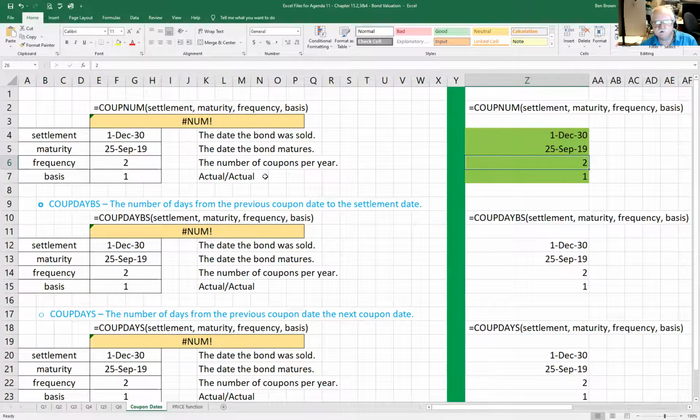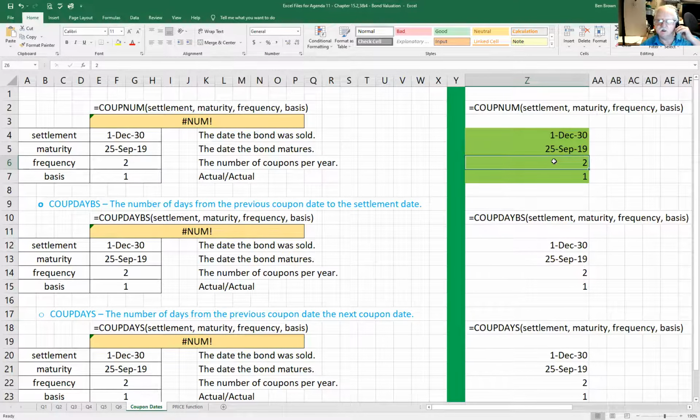Now we've got two other things here. The frequency, that's the fact that they're compounded semi-annually. This will almost always be 2. Once in a while, they throw in one that's compounded quarterly, and you'll have to change this to 4.